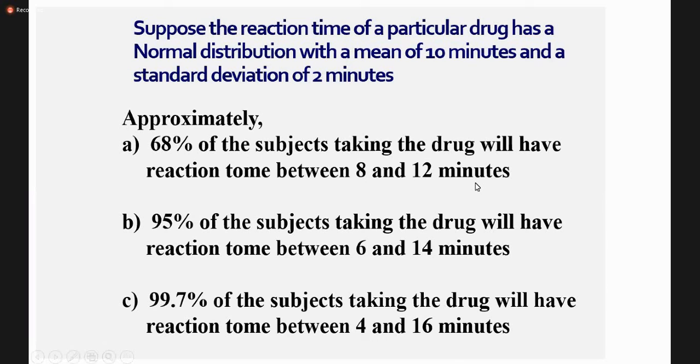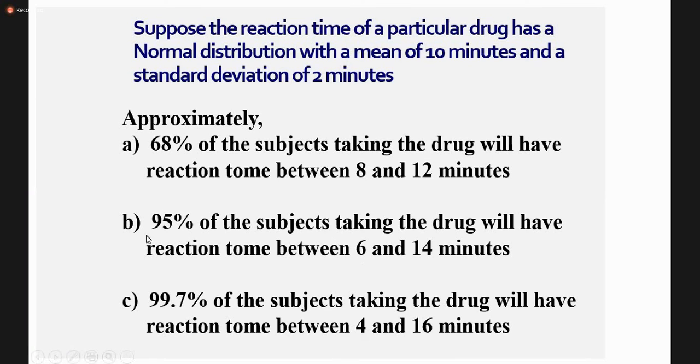This is something very beautiful. On the basis of your sampled research, you can now tell the whole world that if someone in the population is taking this drug, 68% of the subjects will have a reaction time between 8 and 12 minutes. What about the 95% thing?